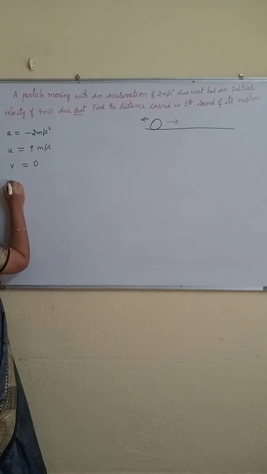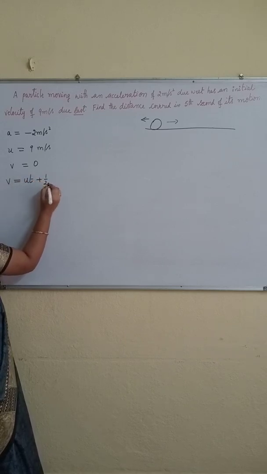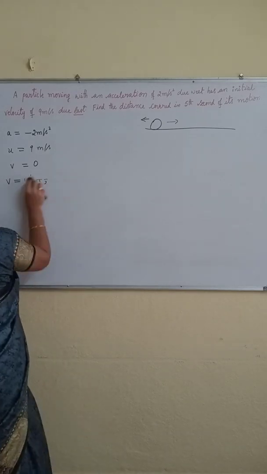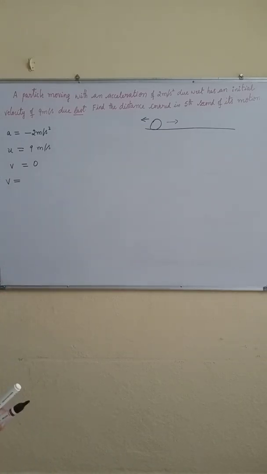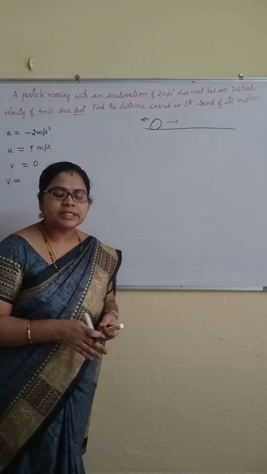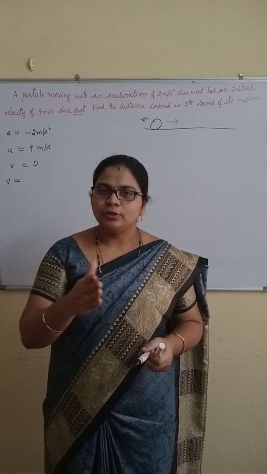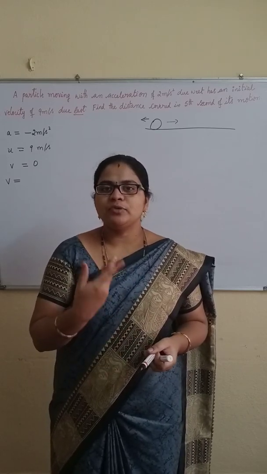Now we can use the first equation of motion, v = u + at. You know why I am using this formula? Because we have to find out how much time is required for the body to come to rest position. So that is the reason I am using the first one.